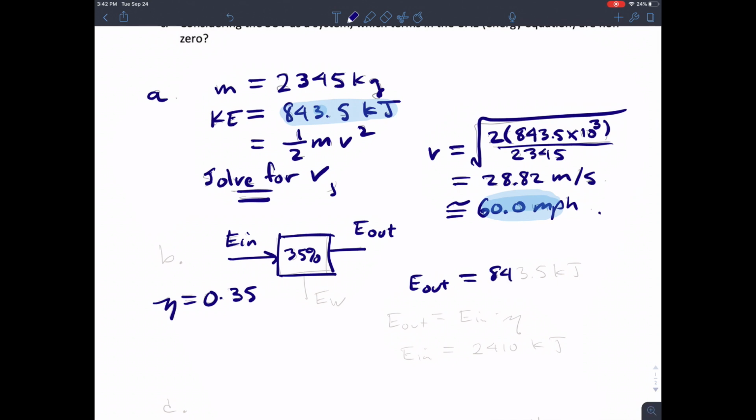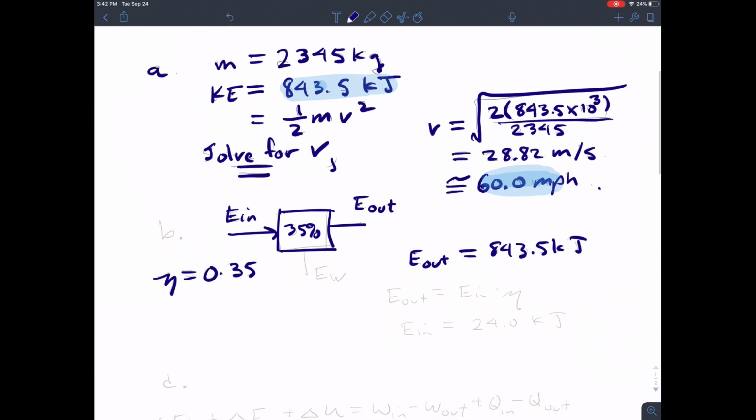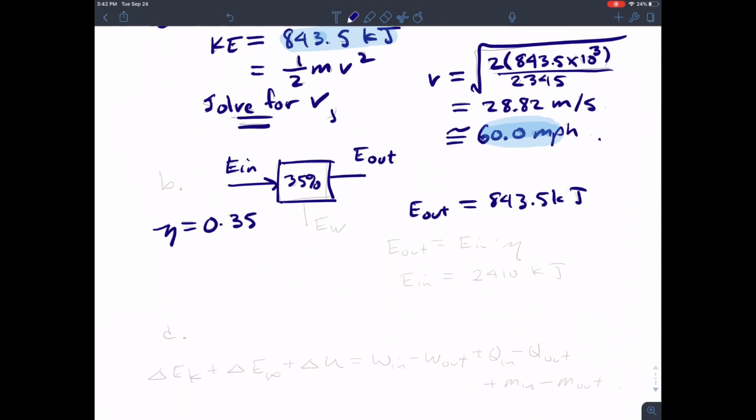So I write that down. That's the kinetic energy. If you wanted to know the total output in terms of energy, that would be the input energy times the efficiency. The rest of the energy would be wasted in the form of heat in this case.